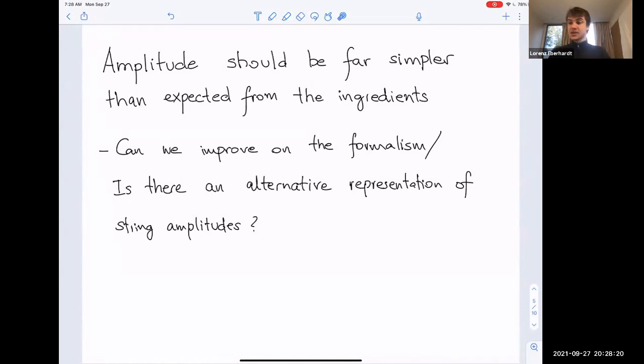Unitarity, for example, is not manifest in worldsheet CFT. But still, worldsheet CFT is somehow the only tool we really have to compute all these things from first principles, at least until now, more or less.